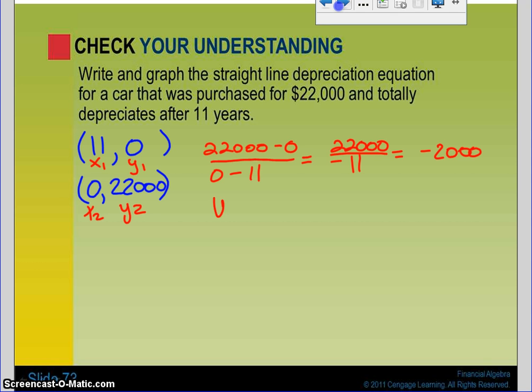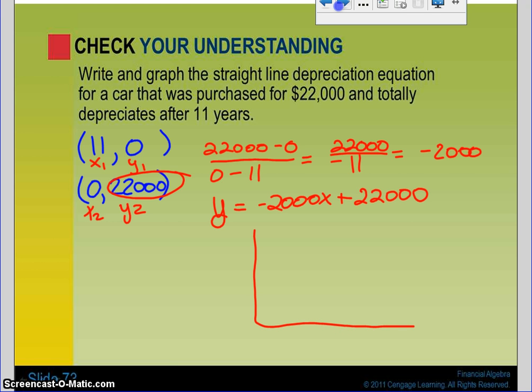My equation is y equals negative 2,000x plus my y-intercept, the new car value, so y equals negative 2,000x plus 22,000.